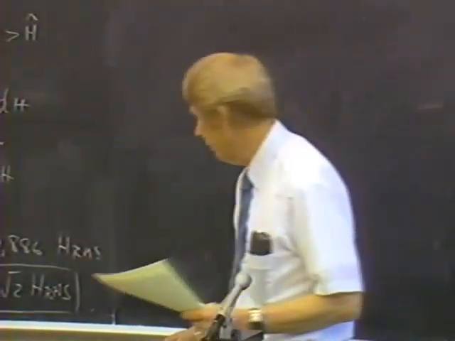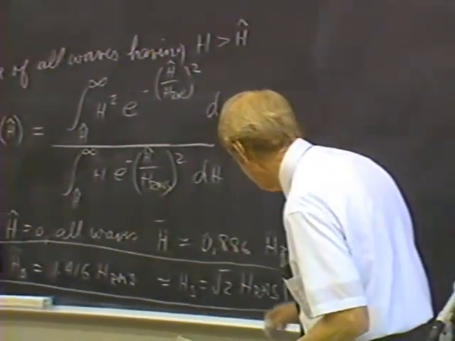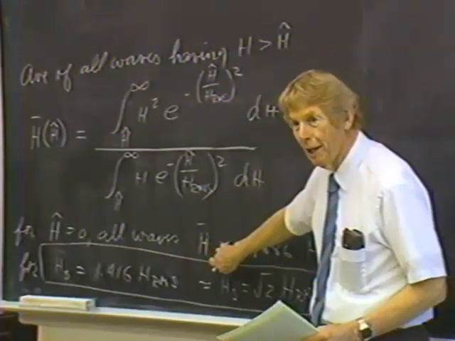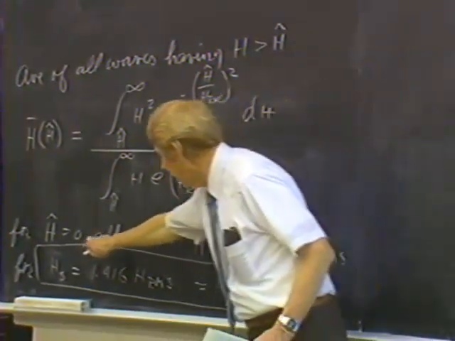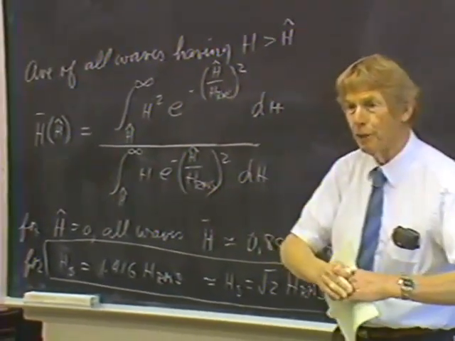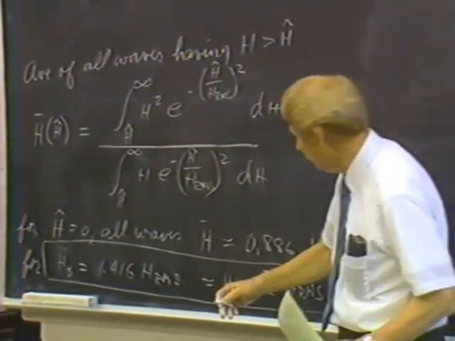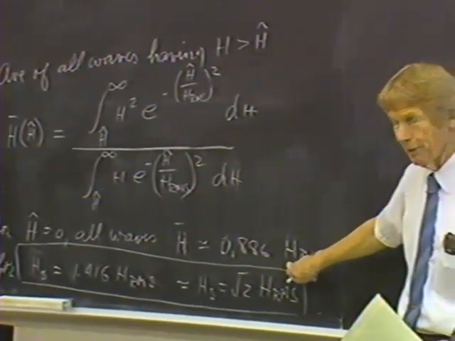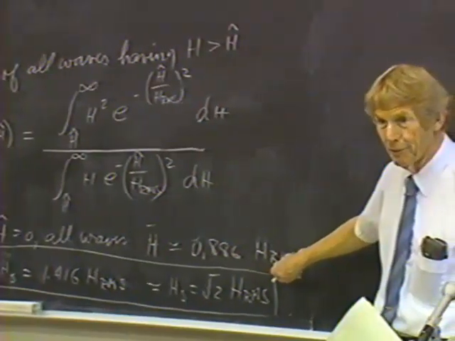What does H bar equal in the second case? The average of all waves. If H hat equals 0, that is, if we're considering all the waves above 0, then the average of all waves is about 0.9 times the root mean square value.